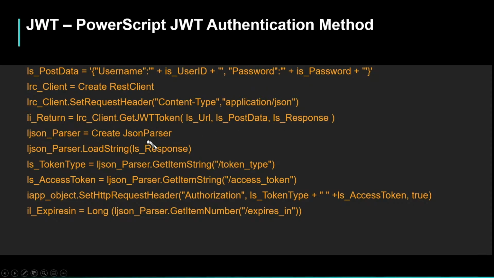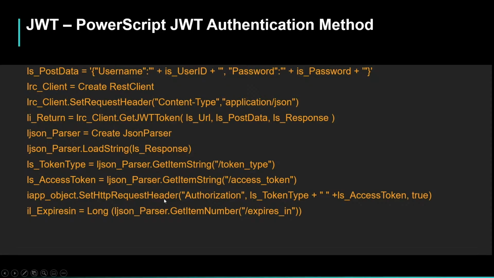I'm going to create a JSON parser. I'm going to load the JSON response I got back from the server into the JSON parser, and I'm going to look to see if I got the token type and the access token. If I did, what we do then is we take our application object and we do a set HTTP request header on it.